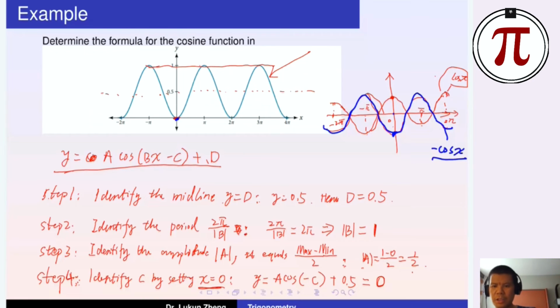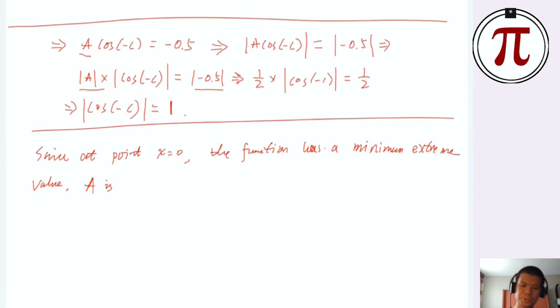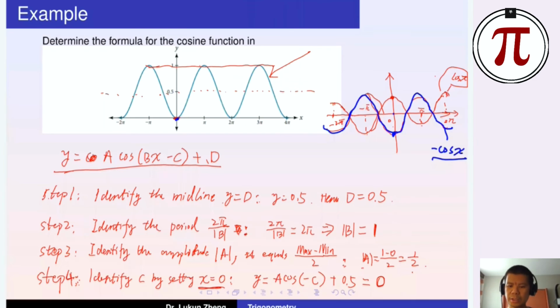As you can see, negative cosine has a local minimum at 0. So a is negative. Hence a equals negative 1/2, because the absolute value is 1/2 and a is negative.